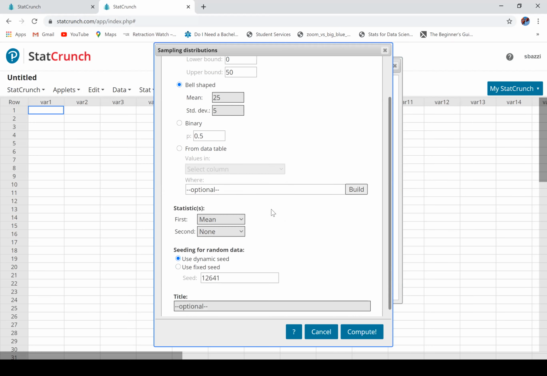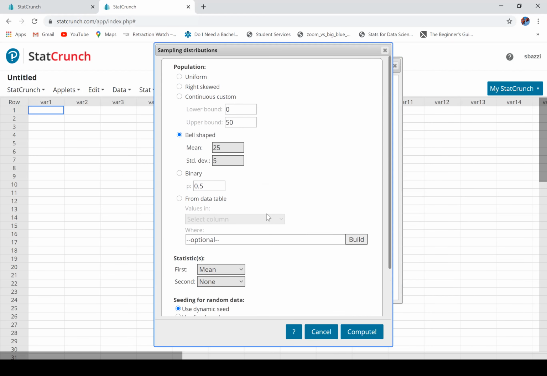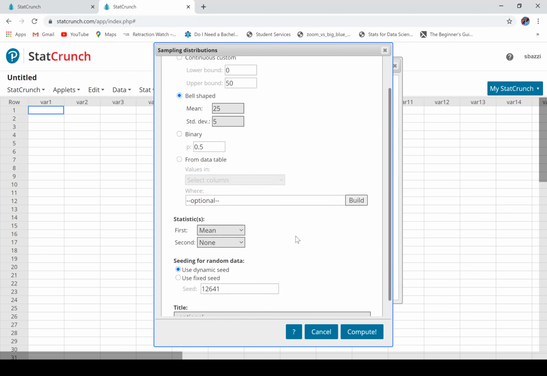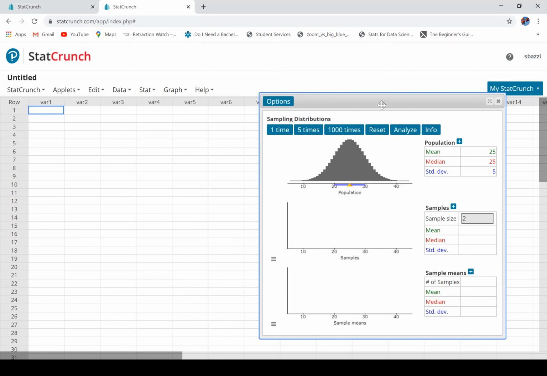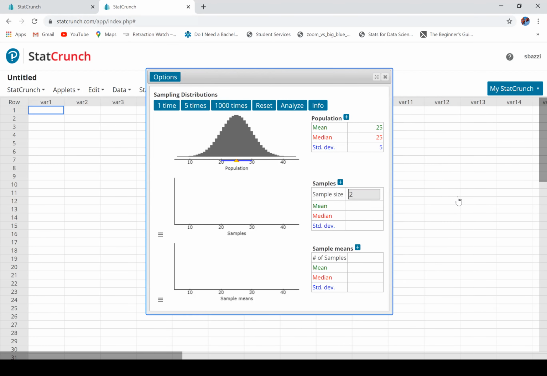Now, last thing, I'm just gonna reset this one and do a bell shape one more time. Okay. We're gonna keep it as normal. So the original population now is normal.